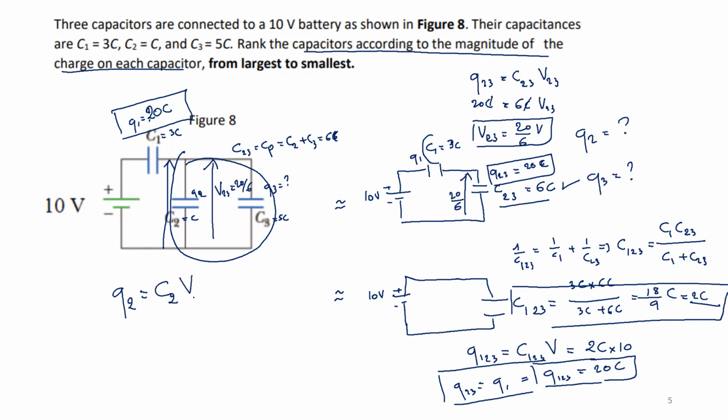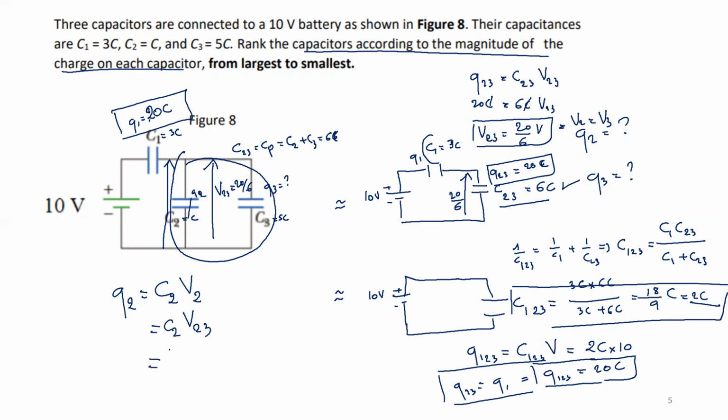But the voltage across 2, V2, is equal to V2 free, because 2 and 3 are in parallel. So Q2 is C2 multiplied by V2, and V2 is just V2 free, okay? Because the voltage across this is the same as the voltage across the two combined in parallel, okay? So that's it.